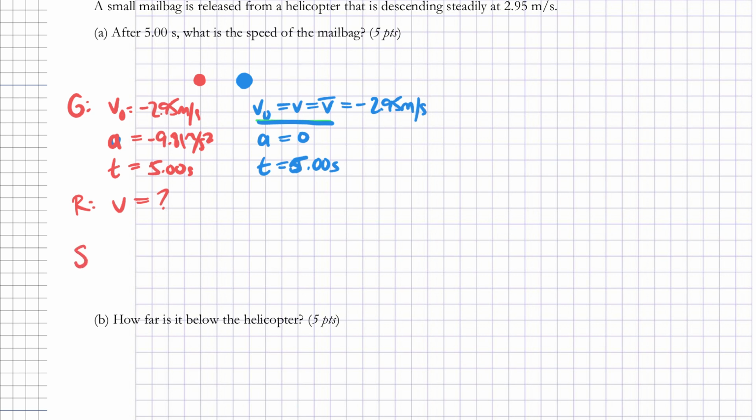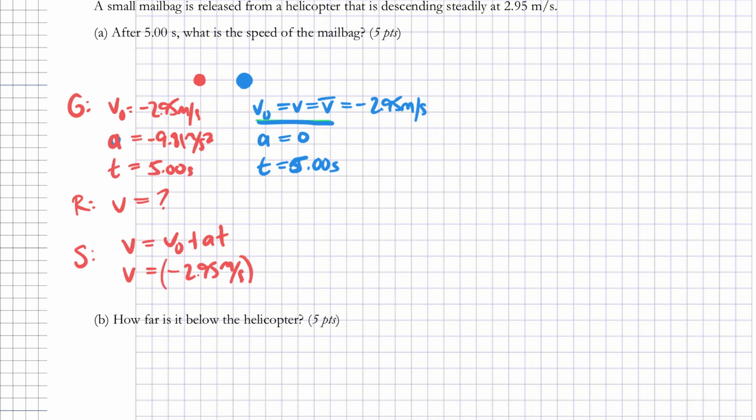The nice thing about this one is it lines up straight ahead with v equals v naught plus at. So let's go ahead and solve that. I don't even need to rearrange it, which is always nice. Negative 2.95 meters per second. The whole point of this problem is to make sure you recognize that if something's being dropped and it already has a velocity, it's going to start at whatever that velocity might be.